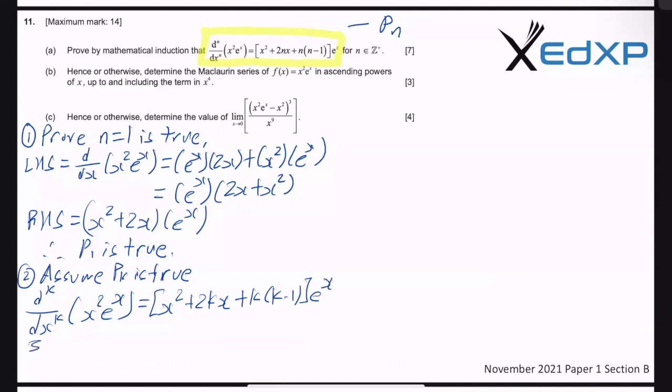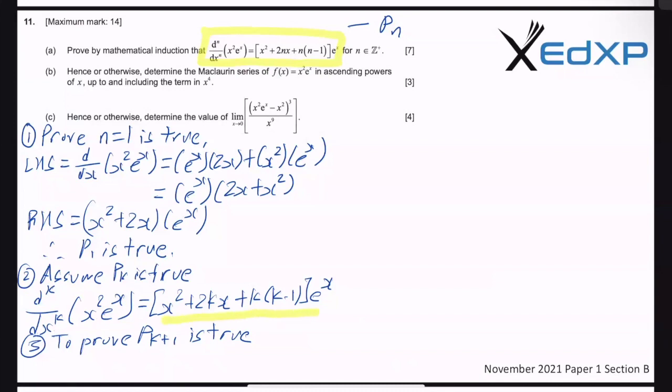The third step is to prove P(k+1) is true. This step always involves using the assumption statement. To prove P(k+1) is true, we have to prove that the (k+1)th derivative is true. So we can proceed to differentiate our kth derivative.